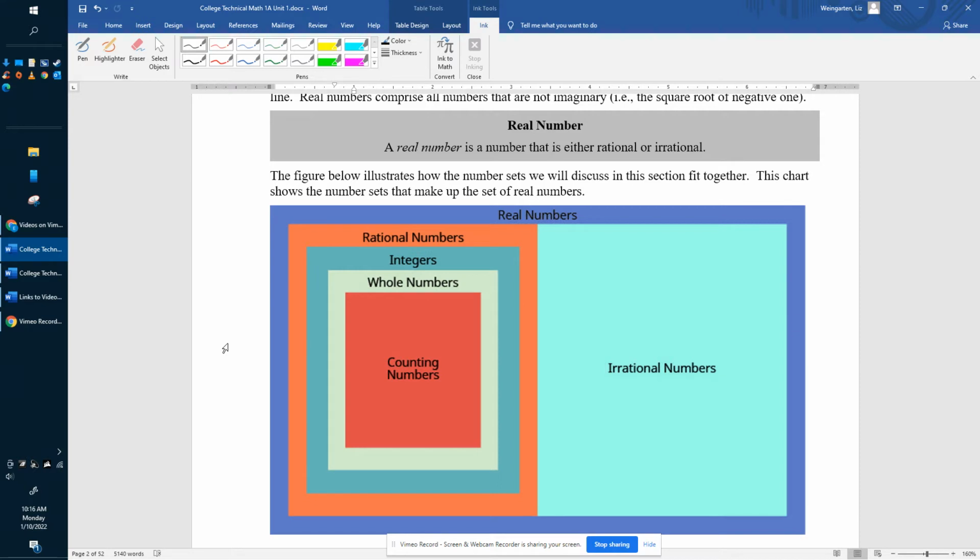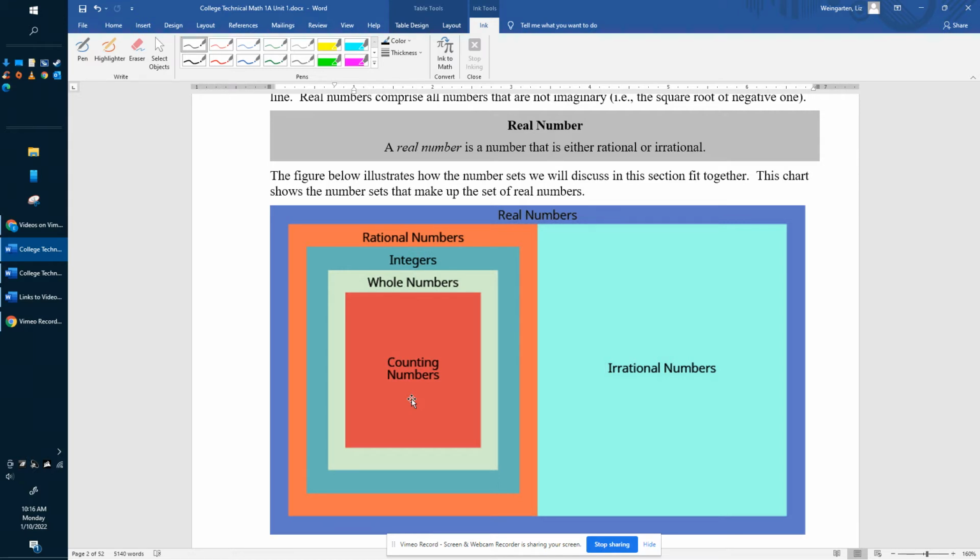So rational numbers can be further divided into counting numbers, whole numbers, and integers. The counting numbers are the numbers that we basically learned to count with when we were toddlers. So 1, 2, 3, 4, 5. Positive whole numbers not including 0. Whole numbers are all of the counting numbers including 0.